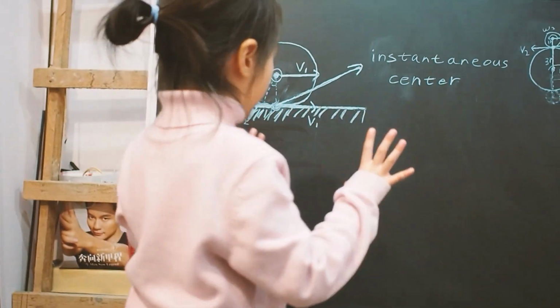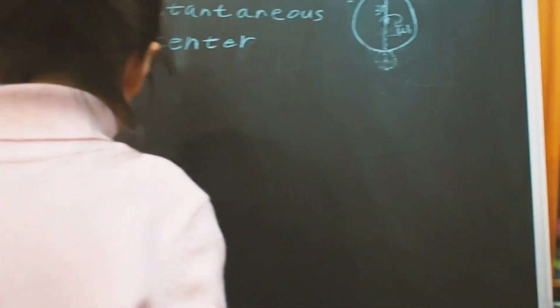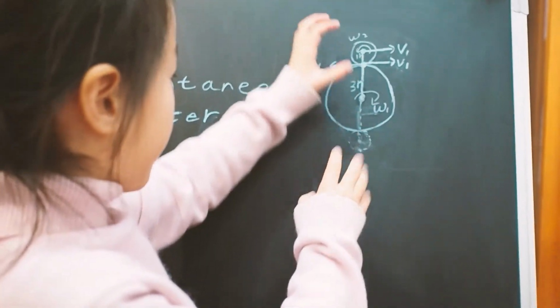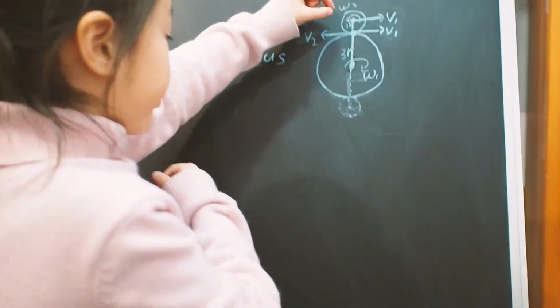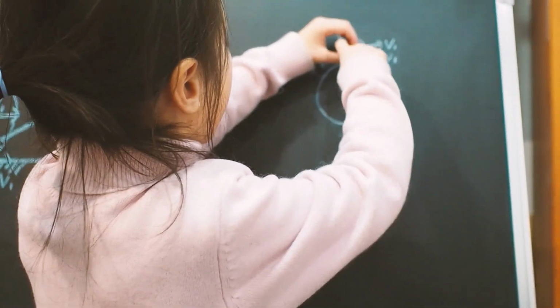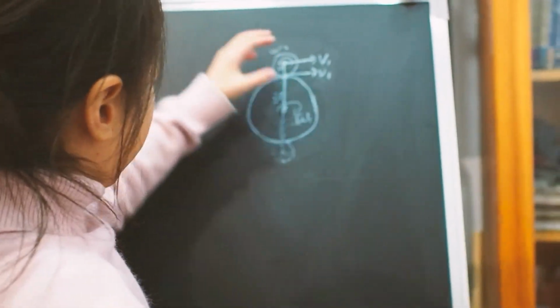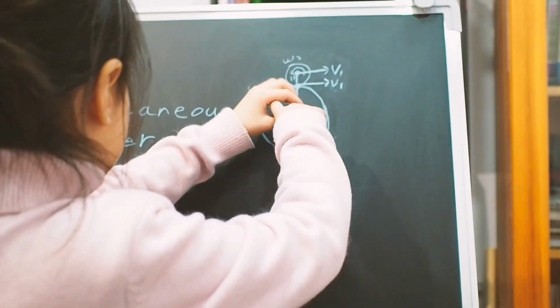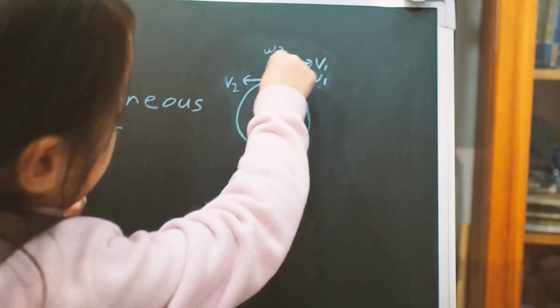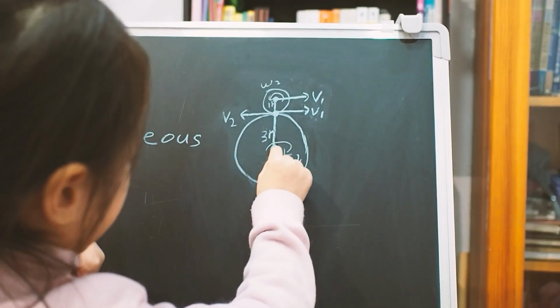Now let's change our model. This is a coin, a quick rotating coin. We put a stick from the circle center to this circle center.